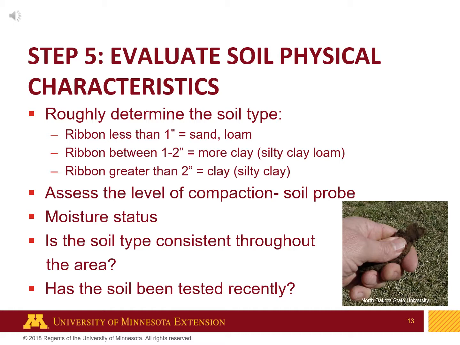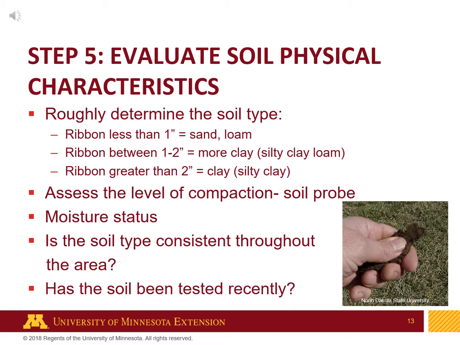In the harsh environments of northern roadsides, look for soils to be the main cause of most issues occurring with turfgrass. You can determine the general soil type by conducting a basic ribbon test. For this, moisten a ball of soil and push it out between your thumb and index finger. Ribbons less than 1 inch in length indicate sands or loam-based soils.